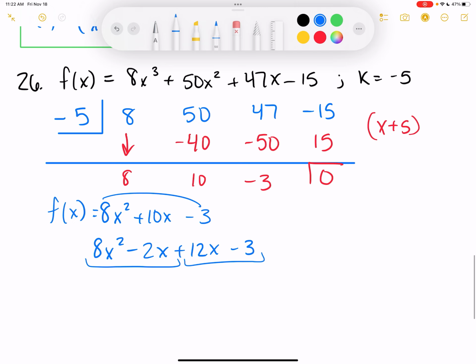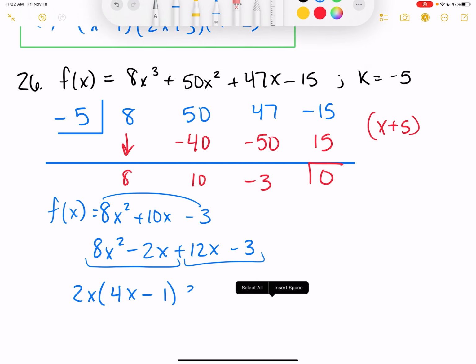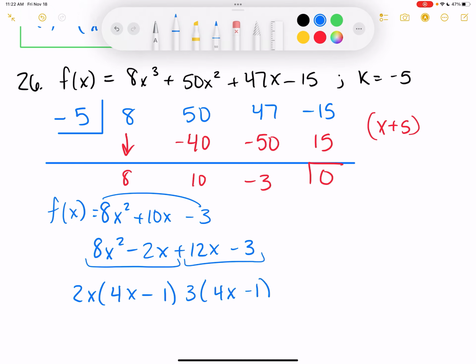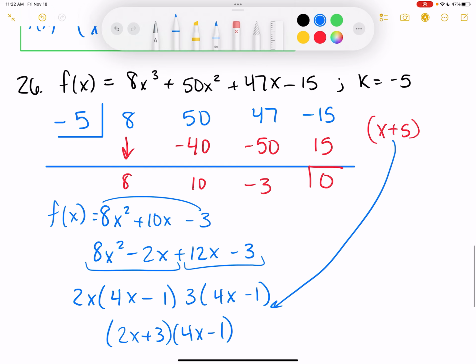Take out a 2x, so that leaves you with 4x minus 1. Take out a 3, leaves you with 4x minus 1. So then we have 2x plus 3 times 4x minus 1, and then we can bring the x plus 5 down. So f of x equals that whole thing.